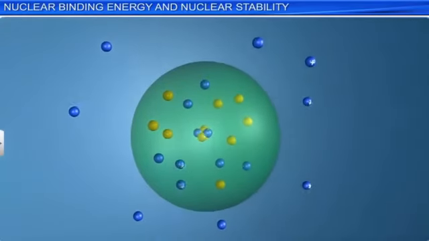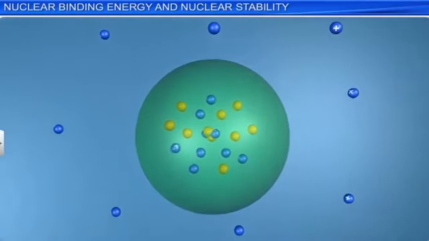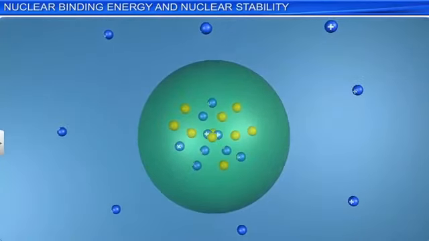A nucleon will be under the influence of some of its neighbors, which come within the range of the nuclear force. If any other nucleon is at a distance more than the range of the nuclear force from the particular nucleon, then it will have no influence on the binding energy of the nucleon under consideration.